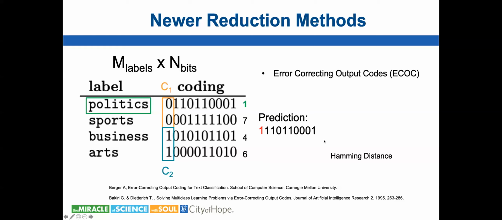Then you compute the Hamming distance of this binary string of your prediction with these unique binary strings that correspond to the labels, and see which one gives you the minimum Hamming distance. You can see that I've computed these here. This first one gives you a distance of 1, which is the lowest of these 4 digits. Therefore, our final prediction for this particular instance would be politics.